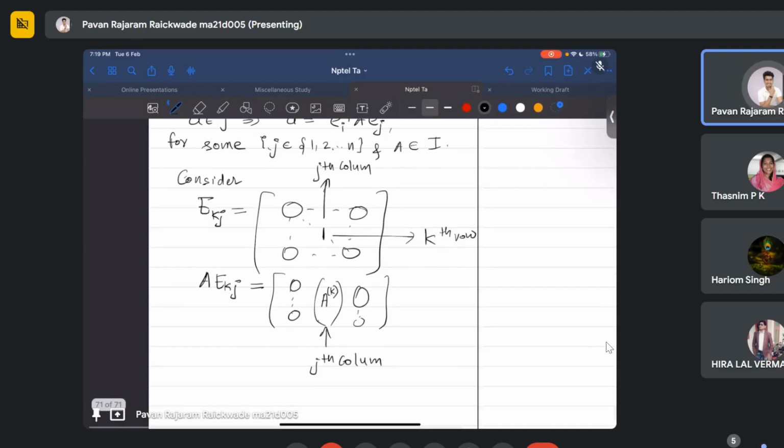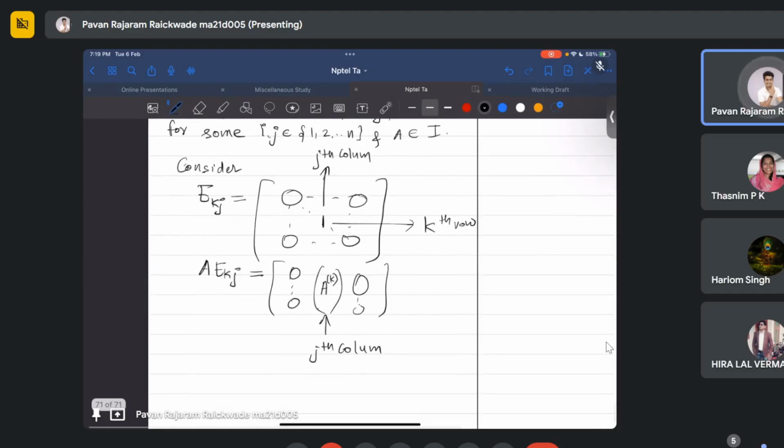This is easy; you can verify it. Whenever I do A times E_kj, I get the kth column of A in the jth column position of the new matrix.